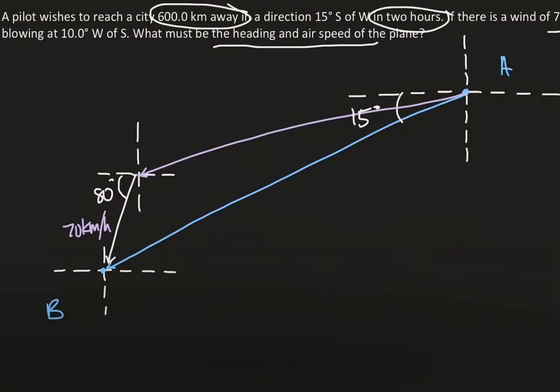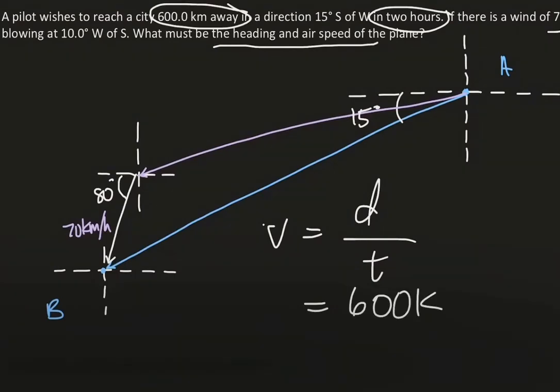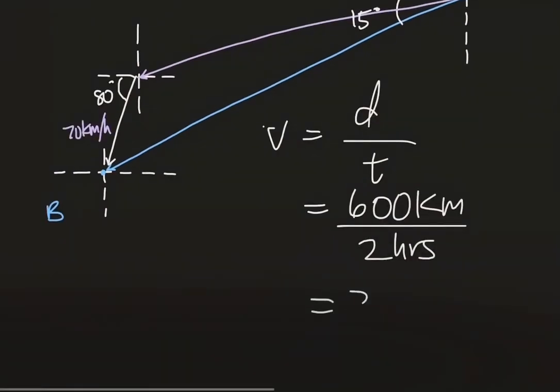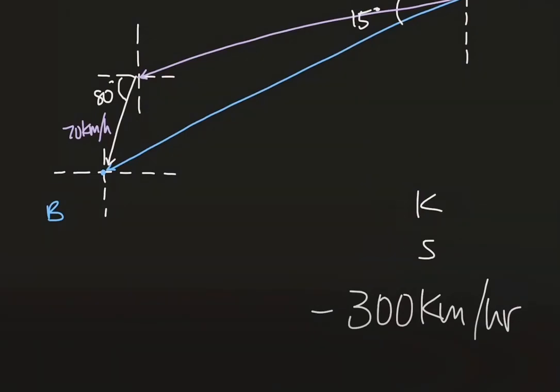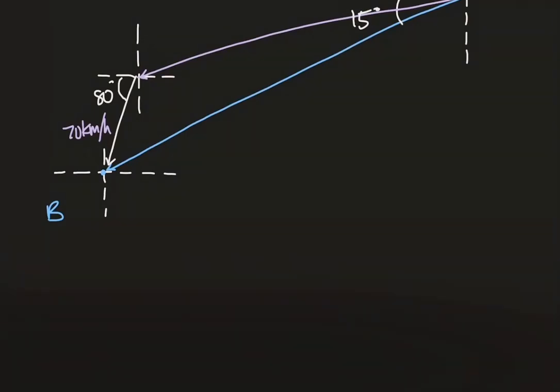Our velocity is going to be distance divided by time, which is 600 kilometers divided by 2 hours. That is going to give us 300 kilometers per hour. This is our resultant speed because this is how fast we want to go. So let's label that 300 kilometers per hour here.